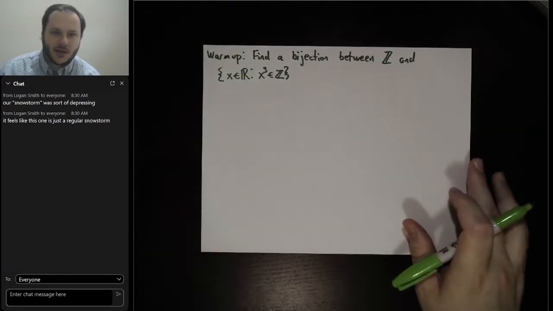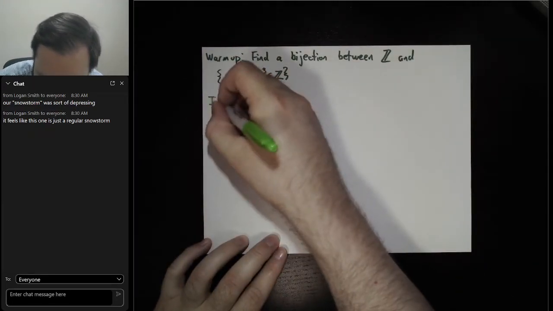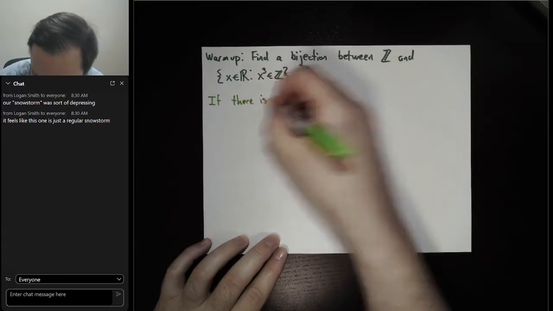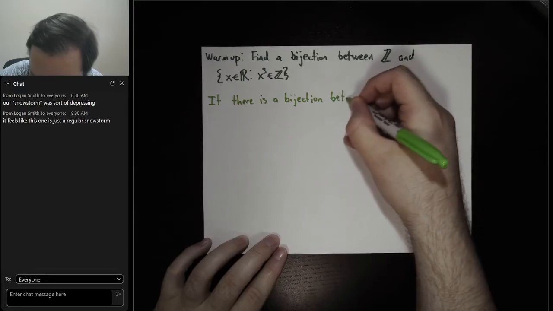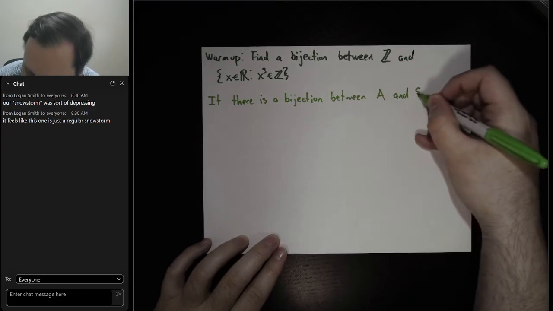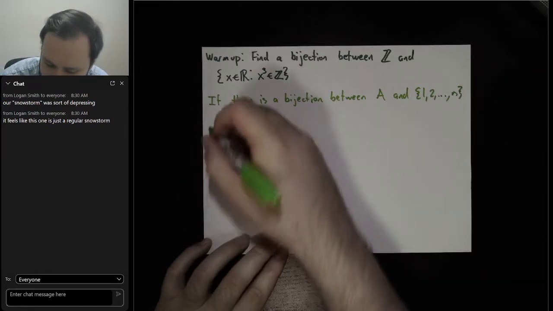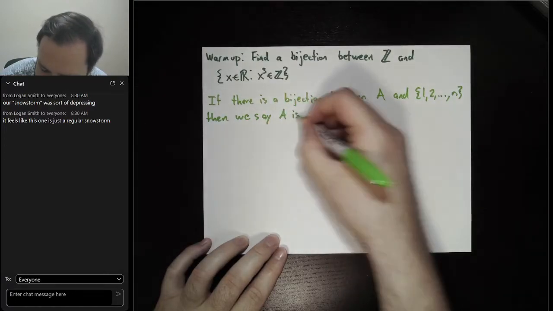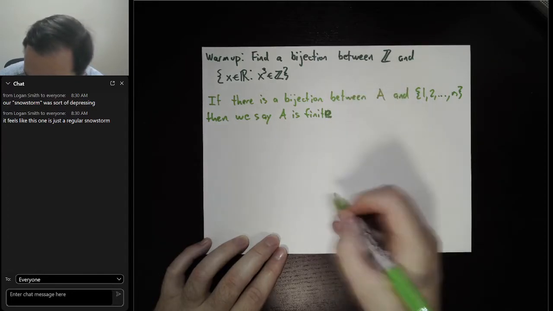So, we talked about way back at the beginning of the semester the difference between a finite and an infinite set. If there's a bijection between a set A and a set 1, 2, all the way up to n, then we say A is finite, spelled correctly preferably.